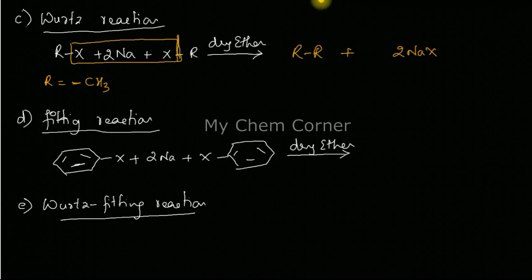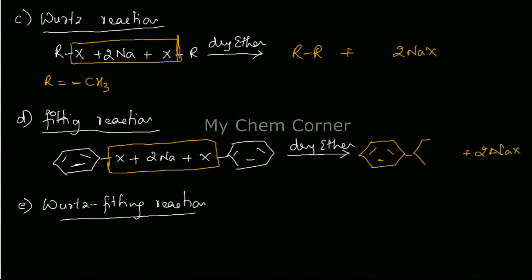Halogen will form bonds with sodium, and the byproduct will remain the same, 2NaX. Now benzene and benzene are going to form a bond with each other, and you're going to get something called biphenyl.